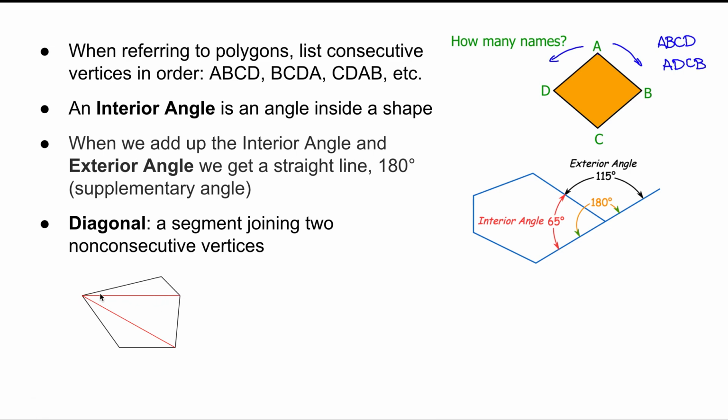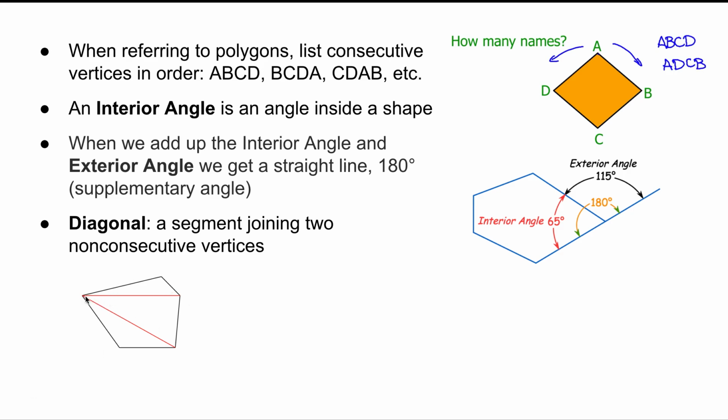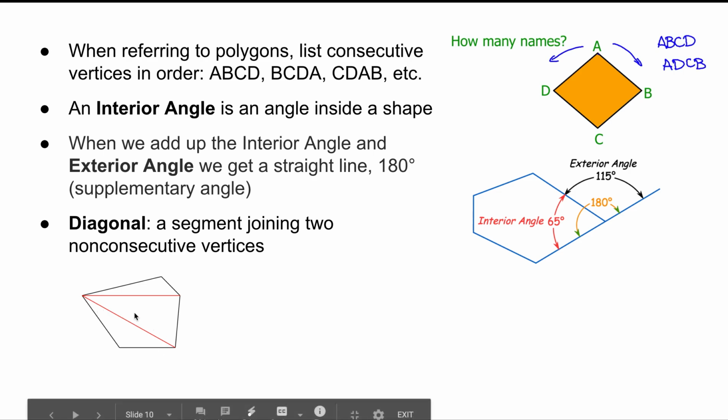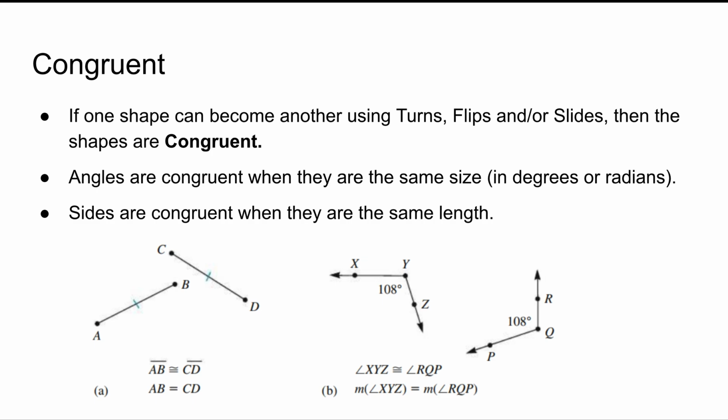That segment is called a diagonal. For this quadrilateral, you can draw two diagonals from one vertex. From here you can draw 2, from here 2, from here 2, but the sum is not 2 times 4 because some of them we counted twice. We will talk about the number of diagonals for polygons later.